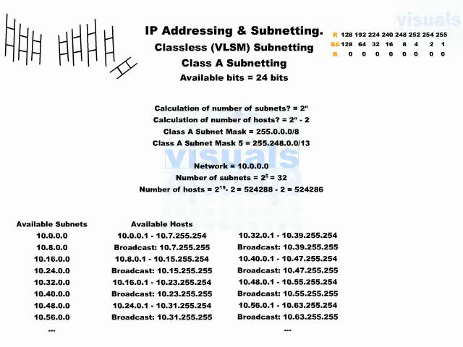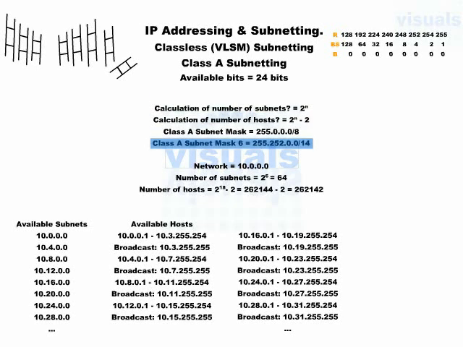It is example number 6 for class A subnetting. Here I am using 6 bits for subnetworks. 6 bits provide 64 subnetworks, and each subnetwork is providing 262,142 valid hosts. So with the difference of 4, you can see I'm getting 64 subnetworks on this network.